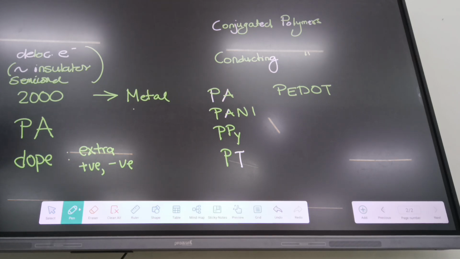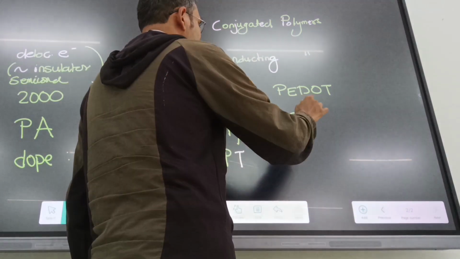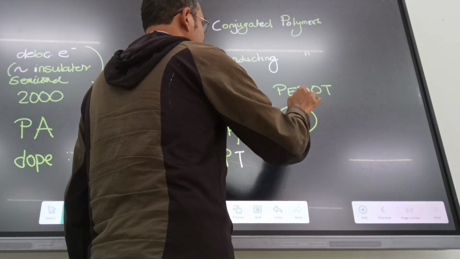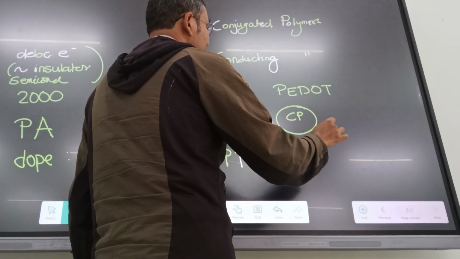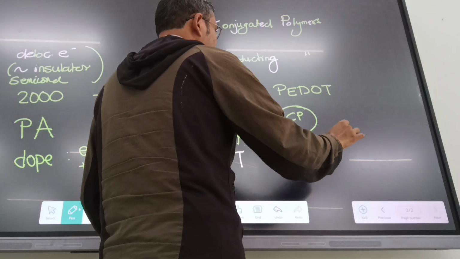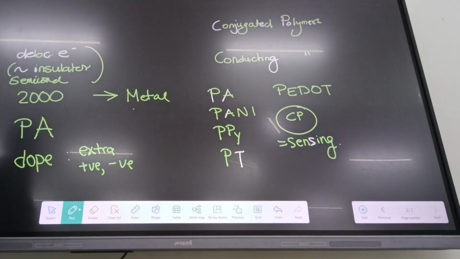So this property of the conducting polymers is used in sensing. Why is it being used for sensing? Because being a polymer, what is the benefit?